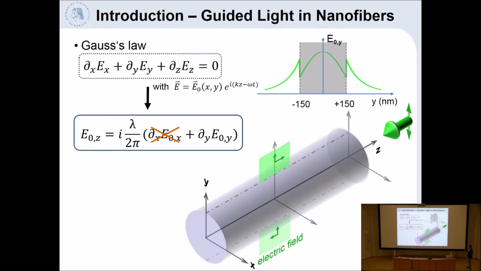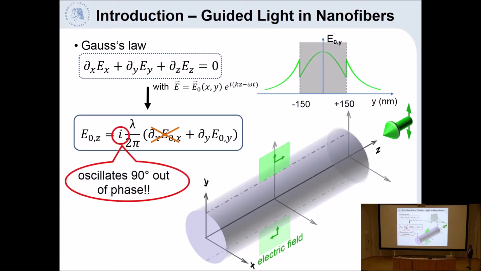And in addition, there is a very important part of this equation, which is this phase factor i here, which means that the transverse and longitudinal components oscillate pi half out of phase with respect to each other. That means that the interference of these two field components gives rise to elliptical polarization, and actually the magnitude of this longitudinal field component is proportional to the field gradient of the transverse component multiplied by a small length scale, which is the wavelength over 2 pi.